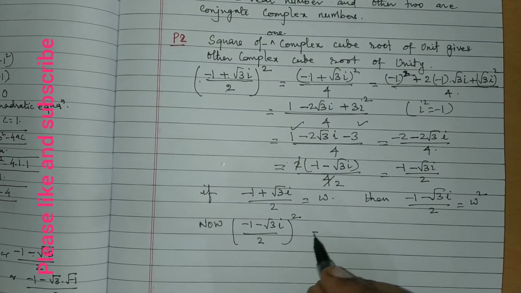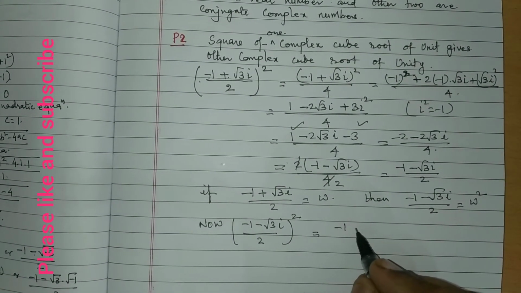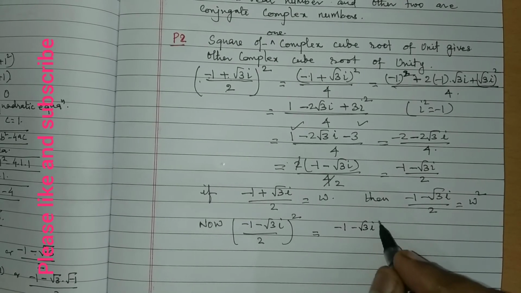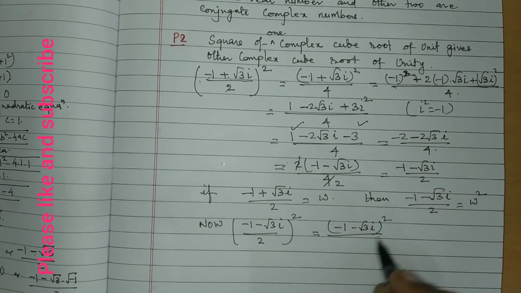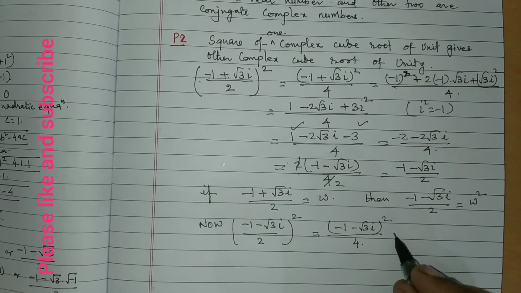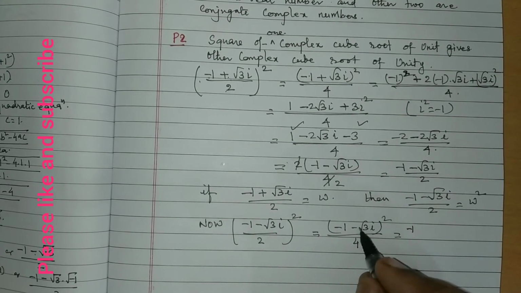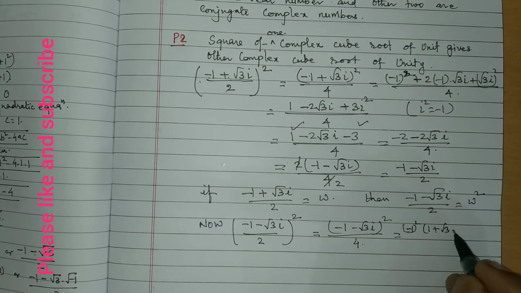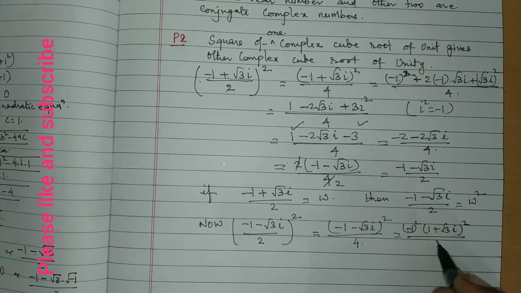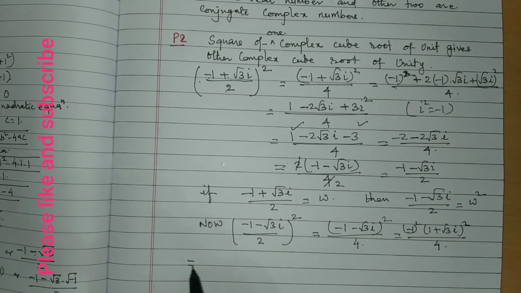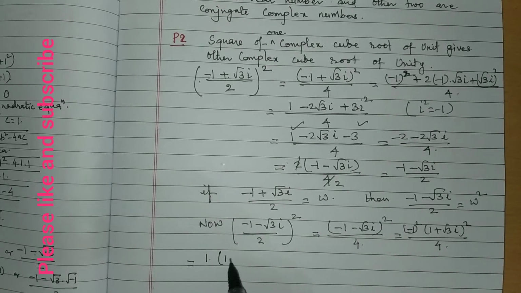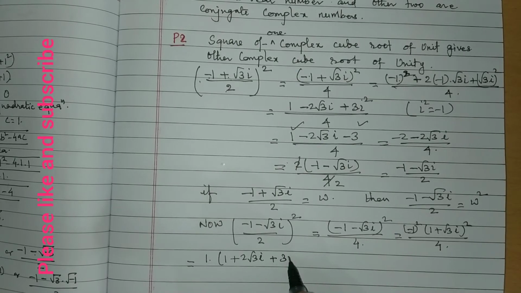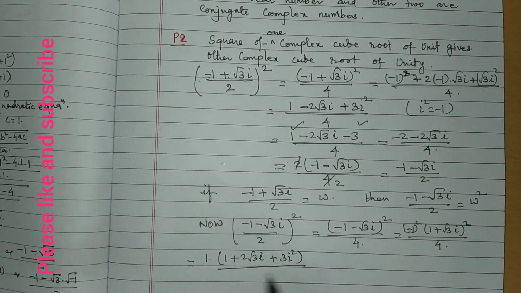So here you just see the proof of this also. Square of this numerator divided by 4. So minus I am taking common, and then (-1) square, then (1 plus root 3i) whole square by 4. So it is equal to 1, and then 1 plus 2 root 3i, and then 3i square by 4.